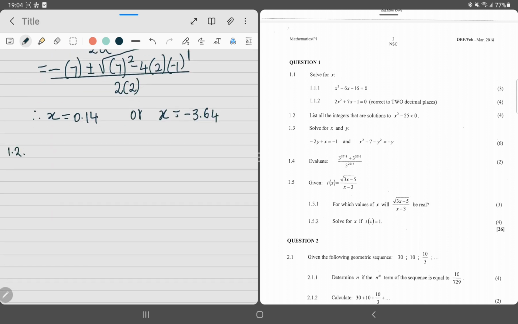1.2. List all the integers that are solutions to x squared minus 25 less than 0. So this is a difference of 2 squares because this is 5 squared.